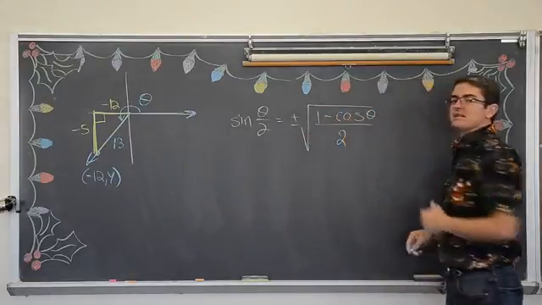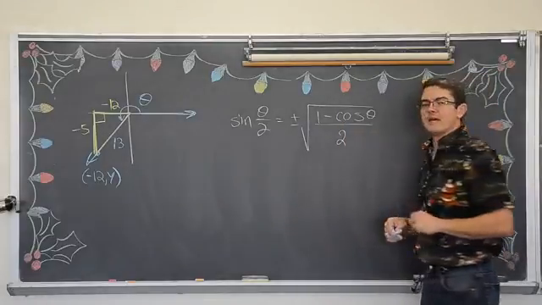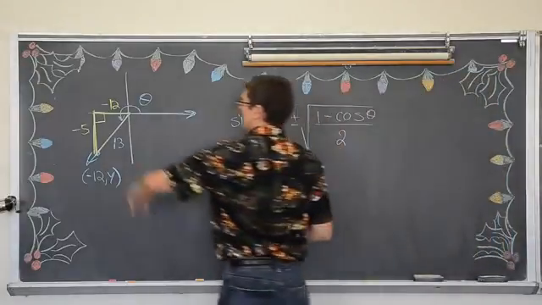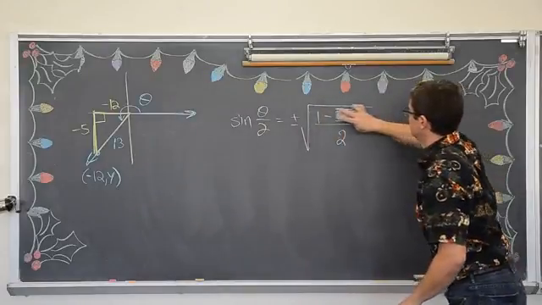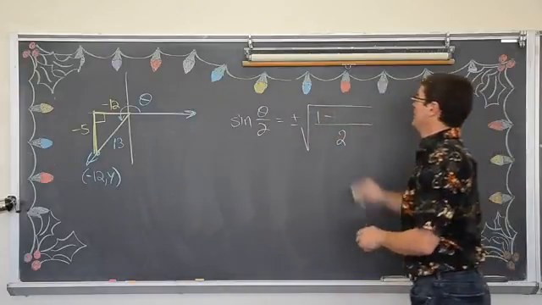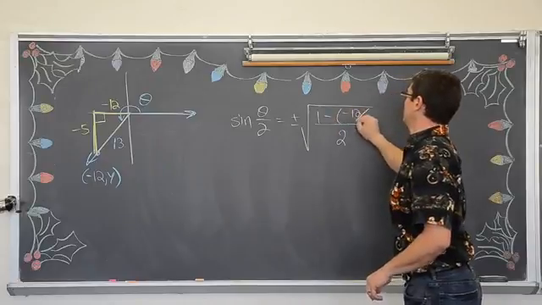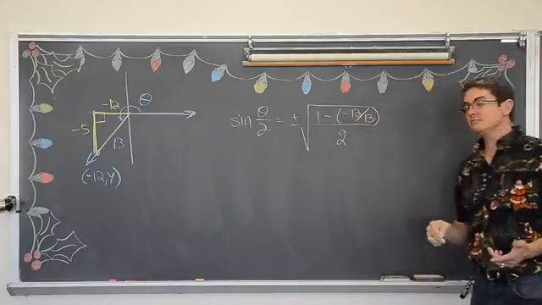And here's what the identity is asking for. Cosine of theta is, as we have stated over here, negative 12/13. So let me just take that out and put in negative 12 over 13.